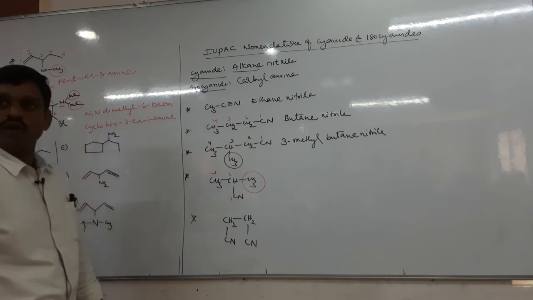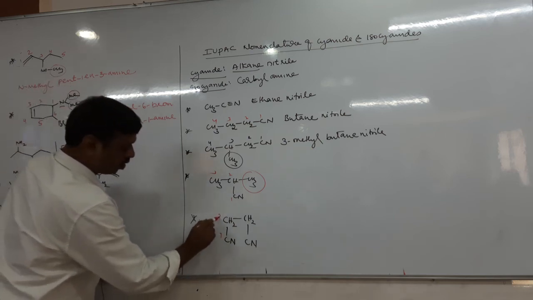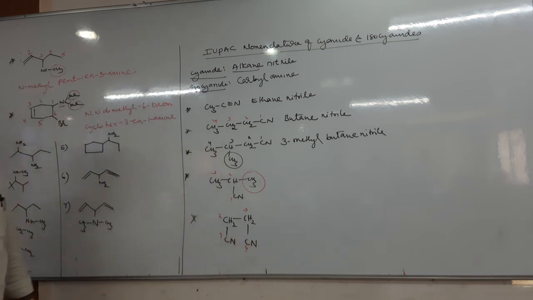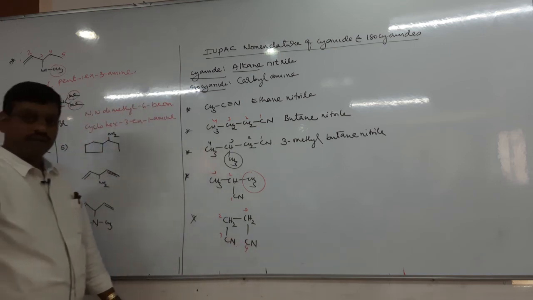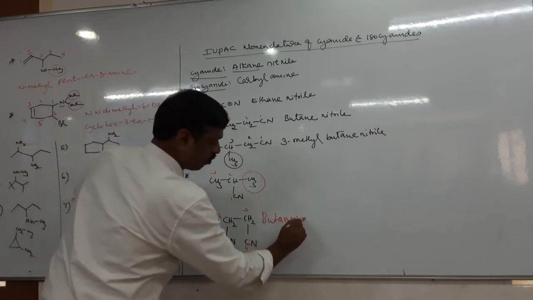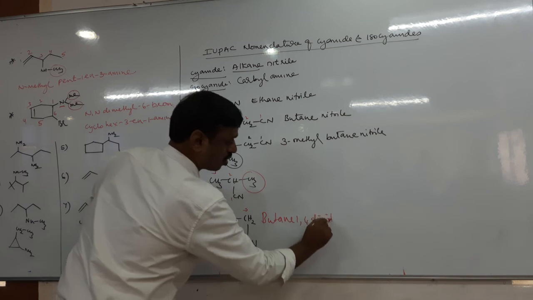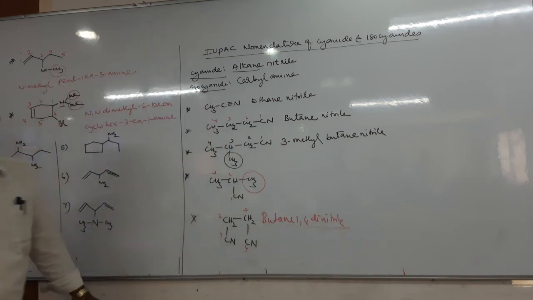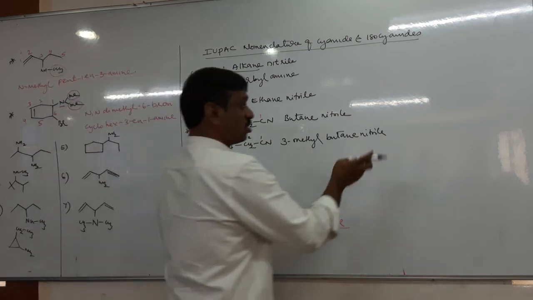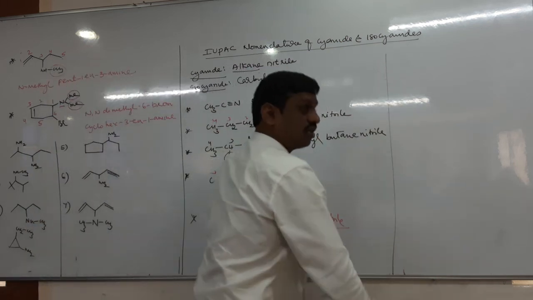It is a dinitrile, no? 1 2 3 4. So 1 comma 4 dinitrile, but which dinitrile? Butane. Butane 1 comma 4 dinitrile.